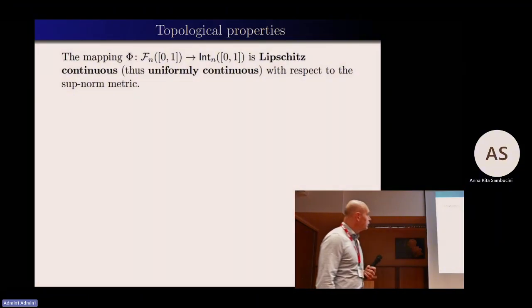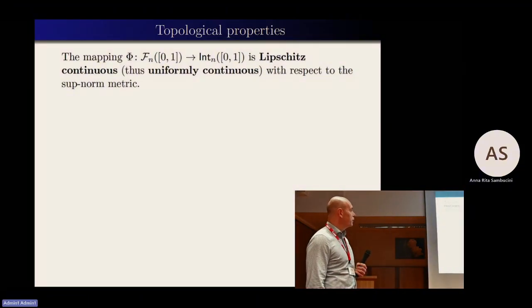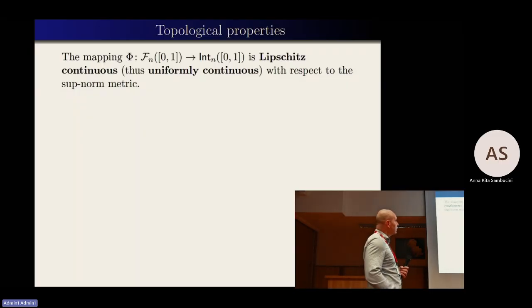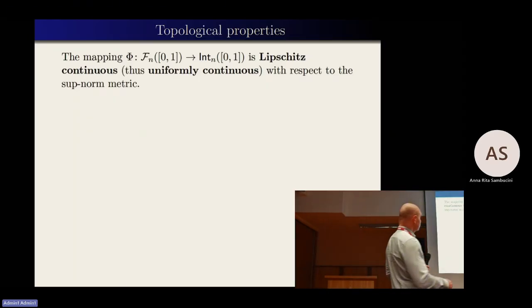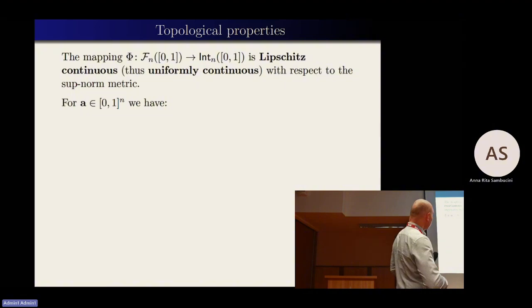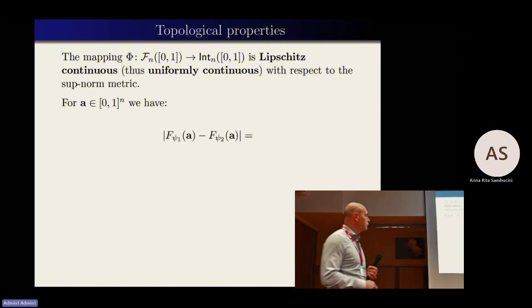So what is the first property? If we consider this mapping from the class of all functions to the class of all intermediate functions, it is Lipschitz continuous. And as you know, if it is Lipschitz continuous, then it is automatically uniformly continuous. So with respect to this norm, here is some simple computation.